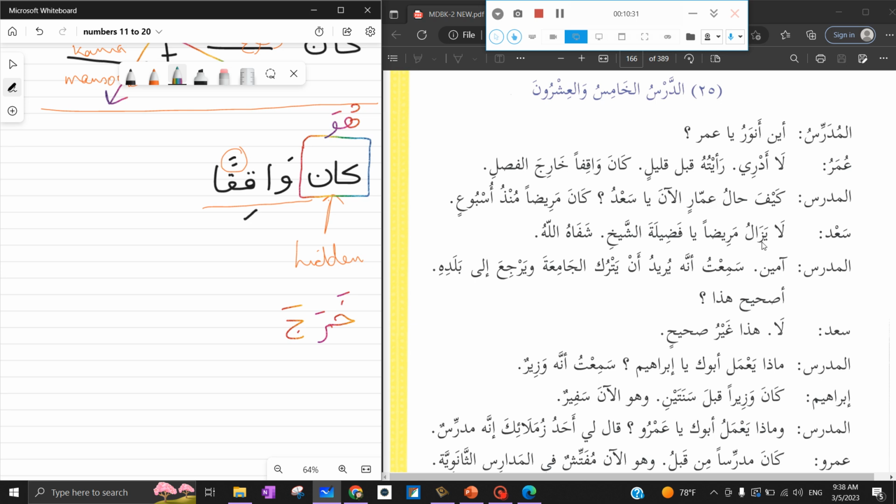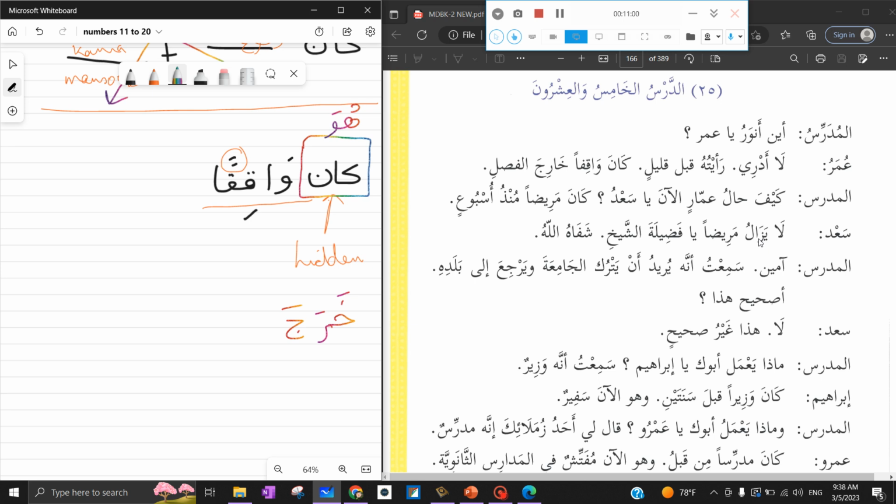But here, while it's given la yazalu and ma zala, we will concentrate on this. But the rules apply on all the sisters. La yazalu maridan. So you can see this is the sister of kana and it comes with la. So what about maridan? This is khabar la yazalu. Okay, this is khabar la yazalu.